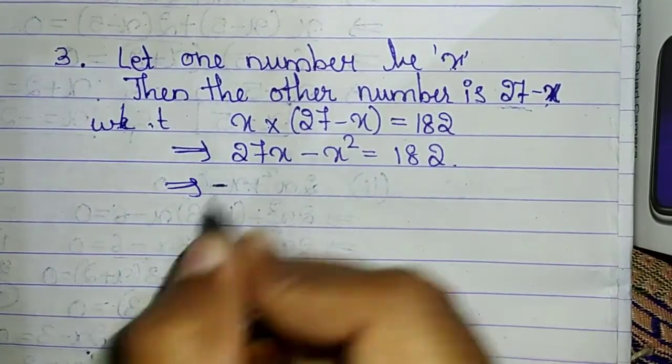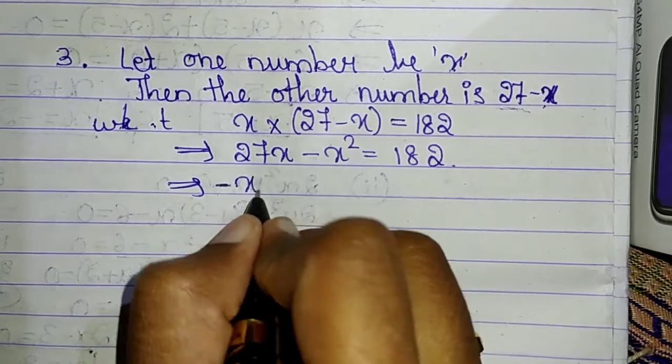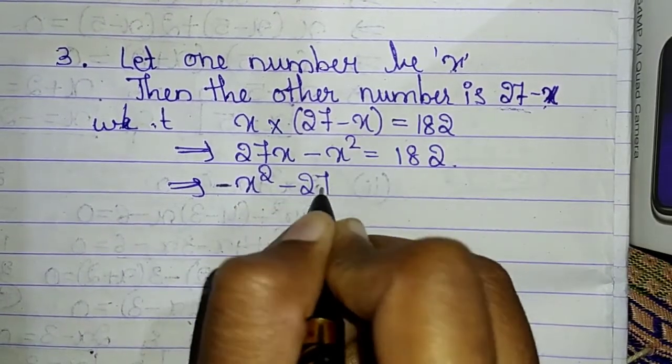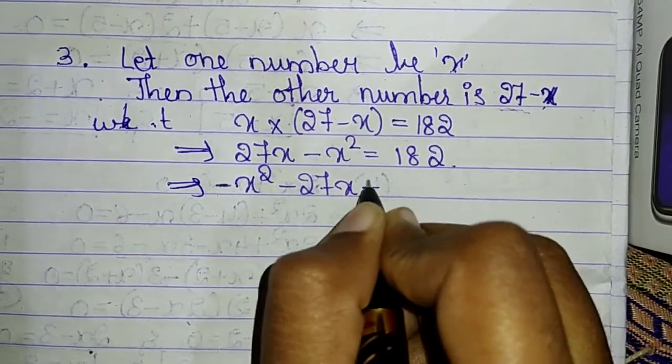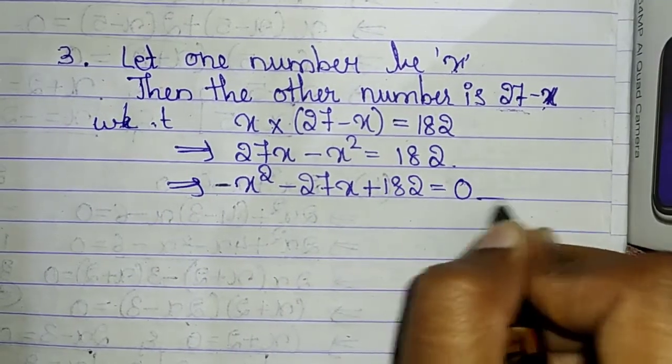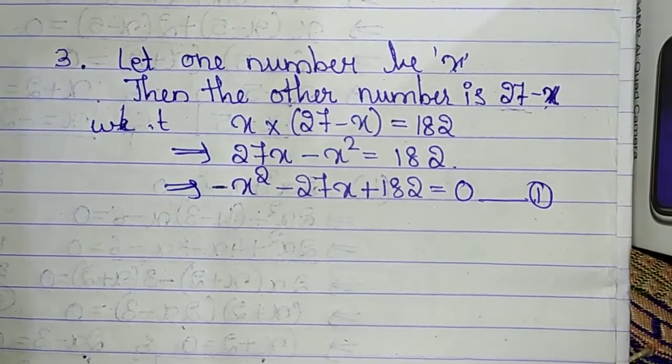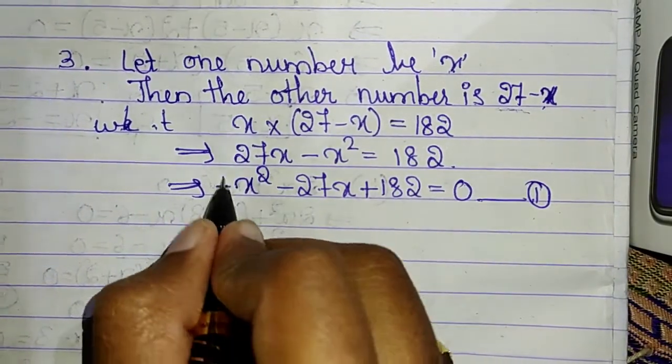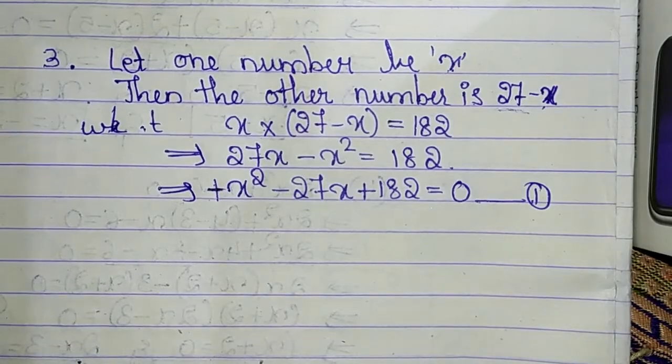So on transposing and rearranging the equation, we get x square minus 27x plus 182 is equal to 0. This is our required equation, for which we will be finding the roots.